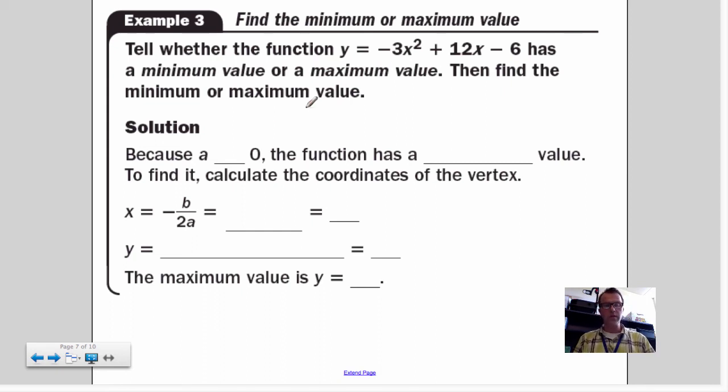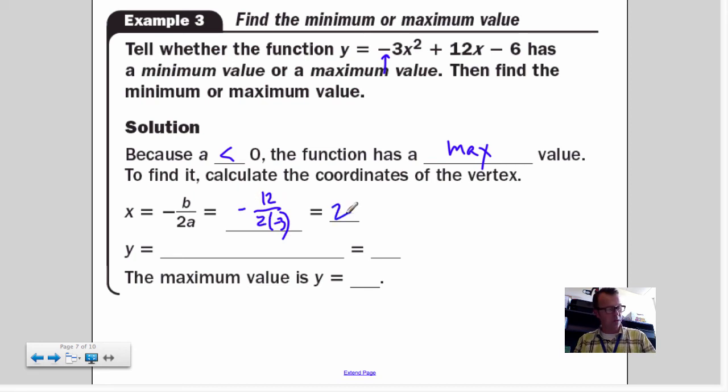First of all, we can look straight away and see because it's negative, this parabola opens down, and we will have a maximum value for the vertex. How will we find it? First, we do the axis of symmetry, which is negative B, B is 12, over 2A, A is negative 3. Right away, I can see the two negatives are going to cancel. We've got 12 divided by 6, which is 2.